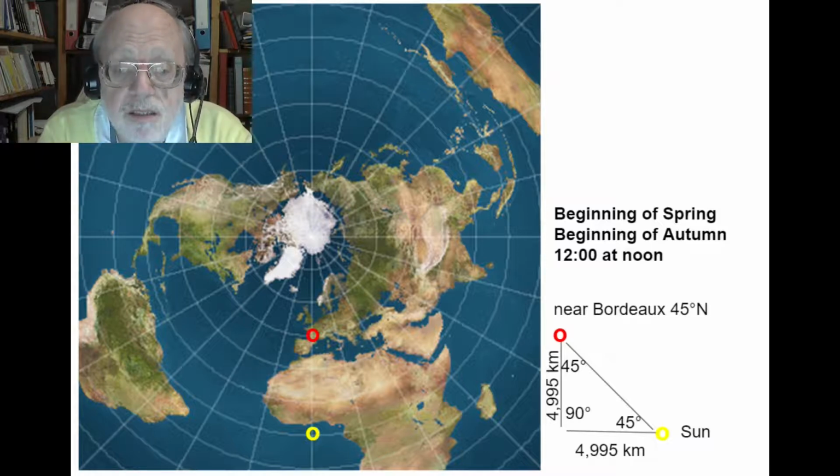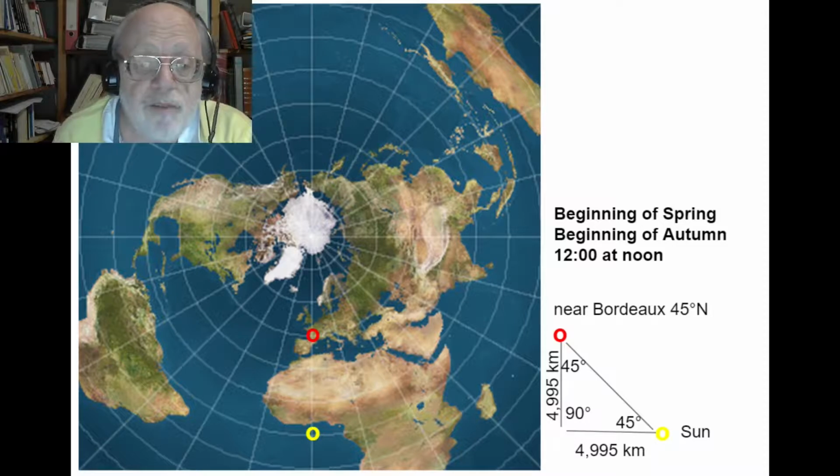But then the distances from the equator to the sun and from the equator to the observer must both be the same too. The conclusion is the sun must be 4,995 kilometers above the flat Earth on these days.